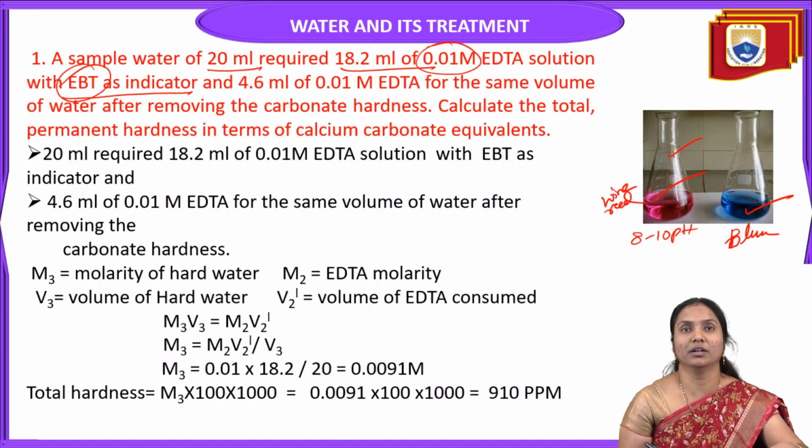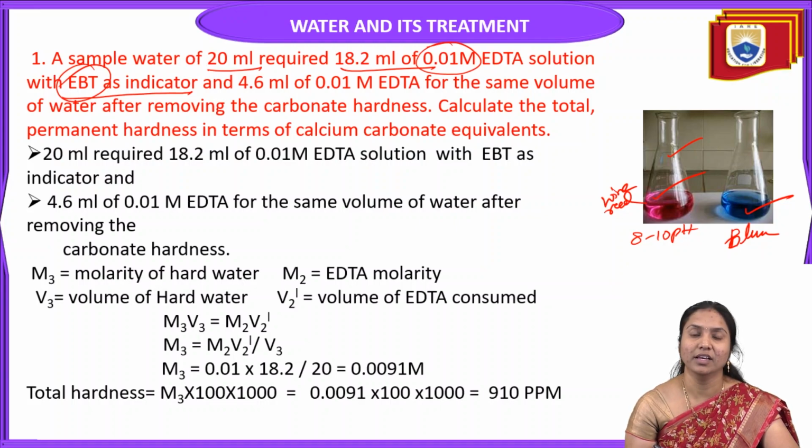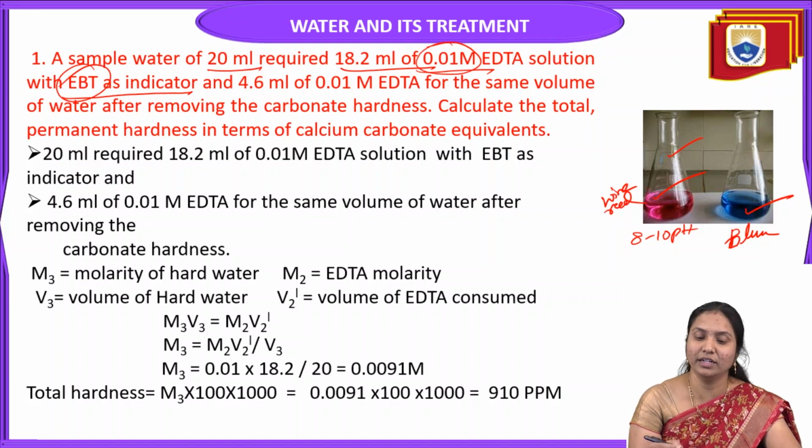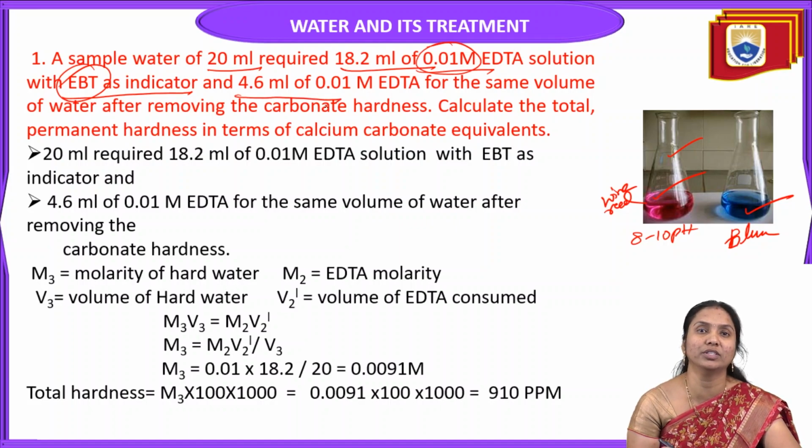Coming to this problem, a sample of 20 ml of hard water required 18.2 ml of EDTA. The molarity of this EDTA is given as 0.01 M, with EBT as the indicator. In one more case, 4.6 ml of 0.01 M EDTA is required.